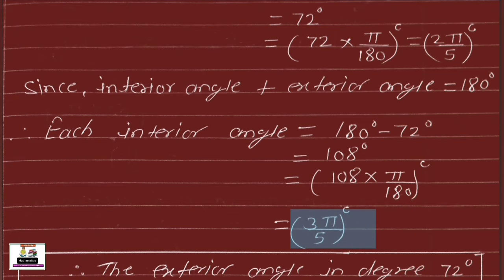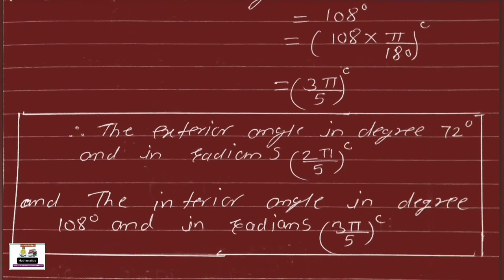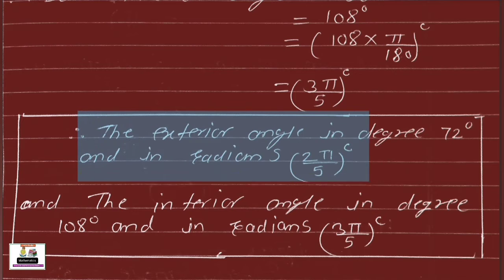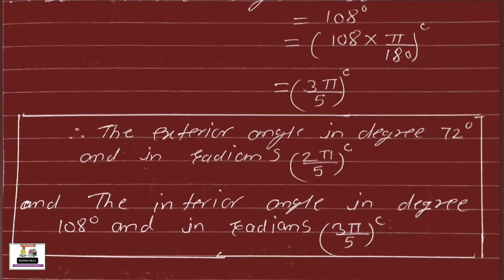Then after calculation we get 3 pi by 5 radians. Lastly, write down the exterior angle in degrees, 72, and in radians, 2 pi by 5 radians, and the interior angle in degrees is 108 degrees and in radians 3 pi by 5 radians.